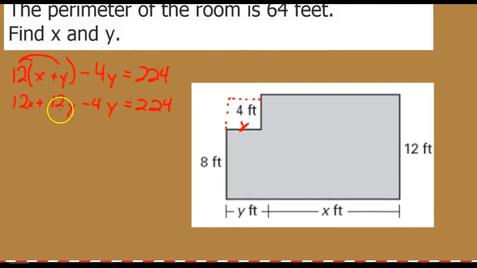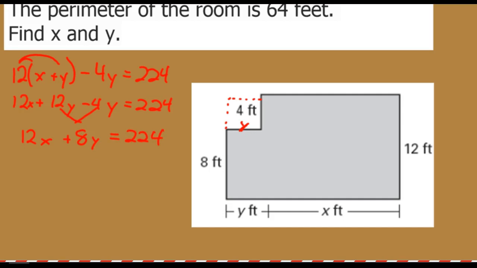Now I see that I have two y's, so I'm going to combine those to get 12x plus 8y equals 224. And that's going to be our first equation.